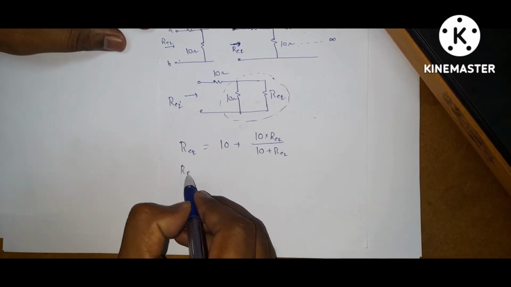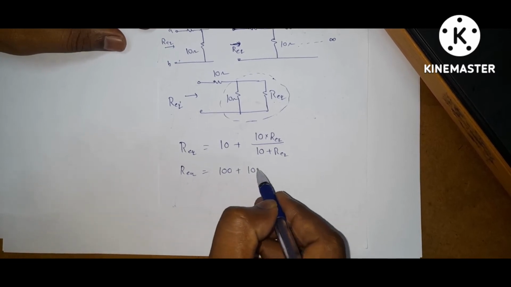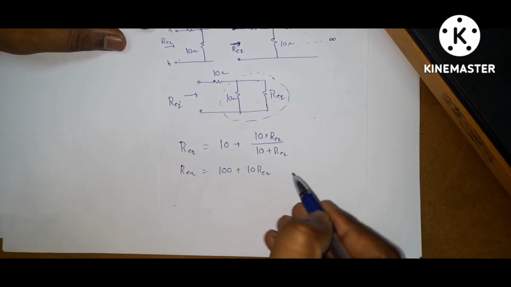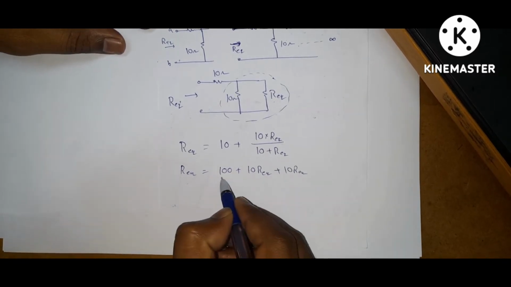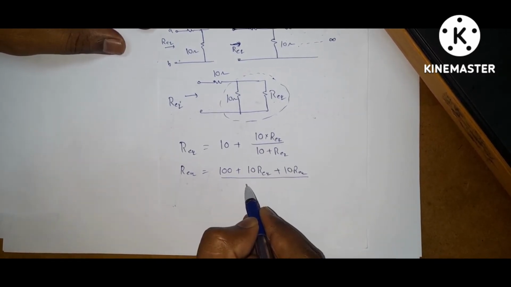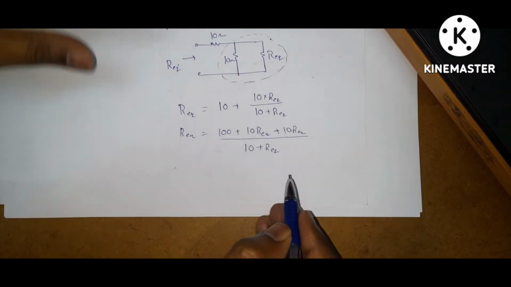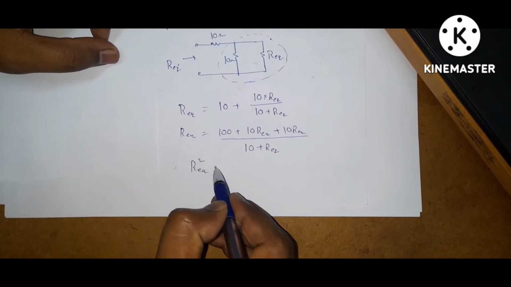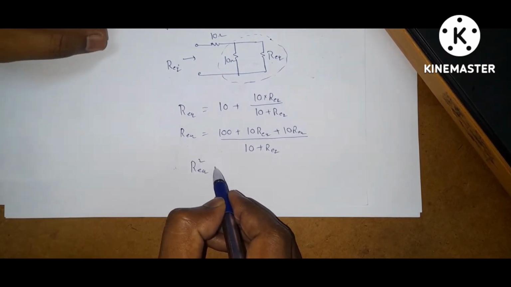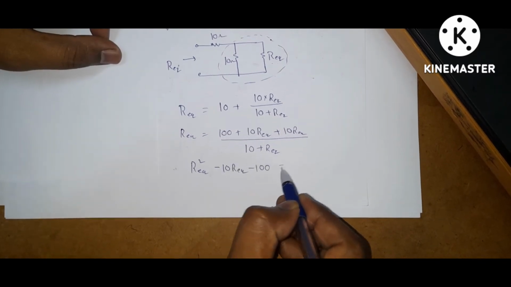Now, R equivalent is 100 plus 10 R equivalent plus 10 R equivalent divided by 10 plus R equivalent.